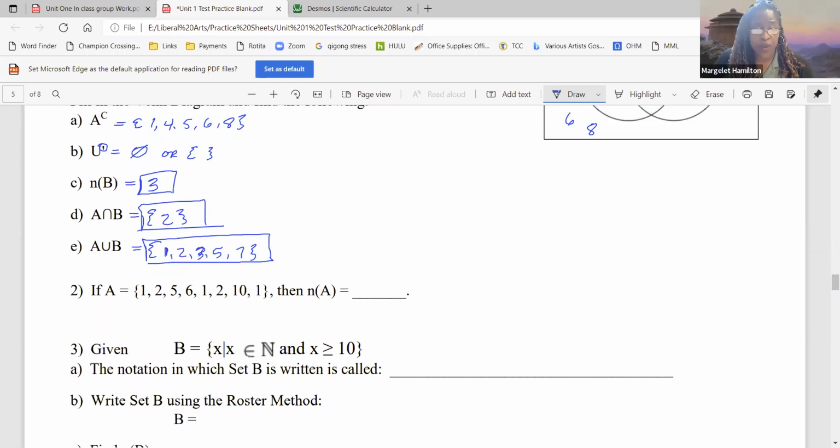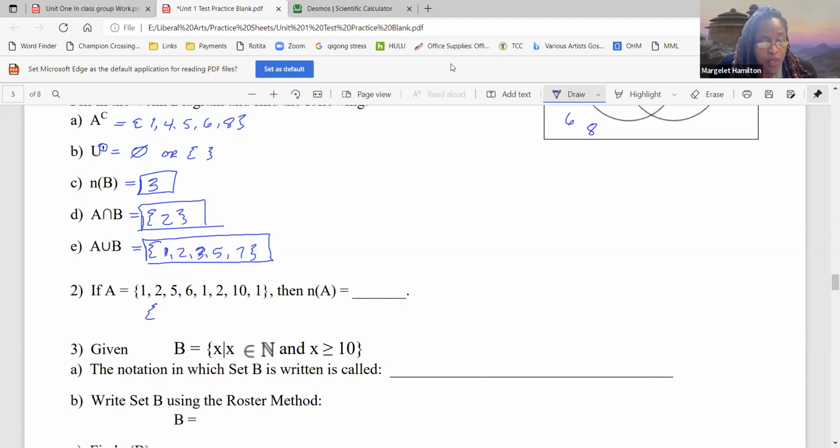Okay, so can we count this 1 three times? Can we count the 2 two times if it appears twice? No. If it's unique items, then we're only counting stuff one time if it appears. What helps is if you rewrite your set listing only one of each element that you see.